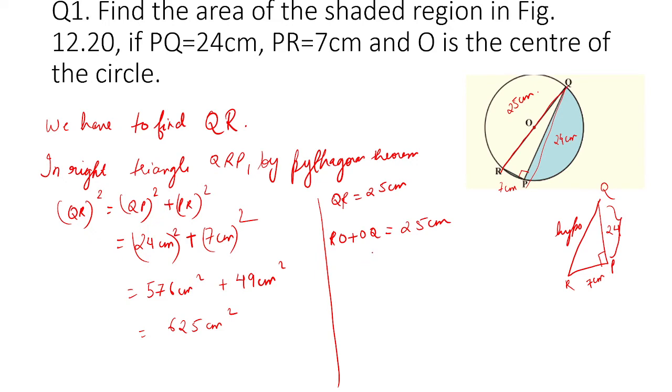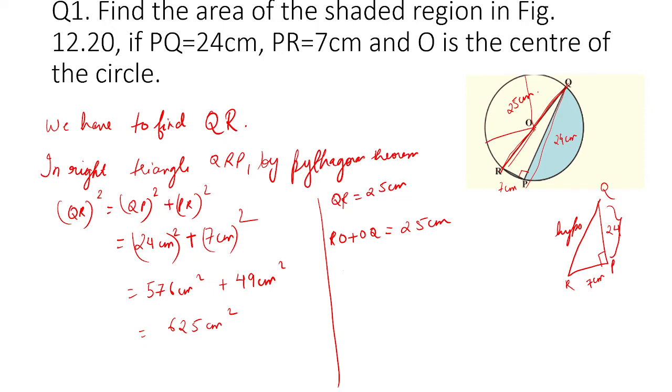Since this is a straight line, remember OQ and OR are the radius of a circle, and the radius of a circle, anywhere you take it, from any angle, is going to be equal.